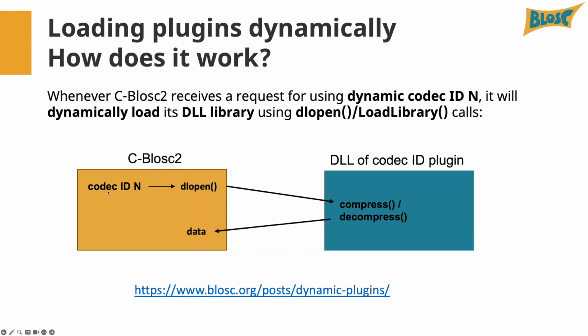Whenever there is a need to load a new codec that is not inside the library, we call dlopen, or LoadLibrary in case we are on a Windows system, in order to open the DLL of the codec plugin that is on the system. Then the DLL does the compression or decompression, whatever is the correct thing to do, and provides the data back to the original library.